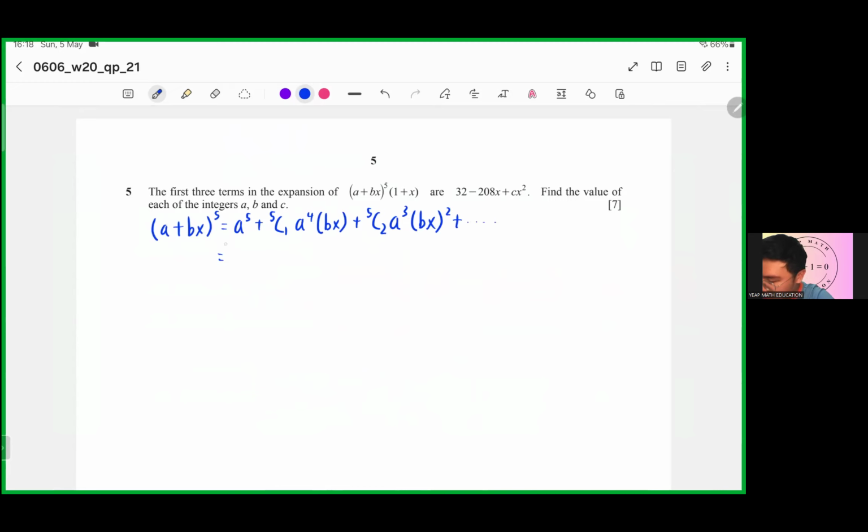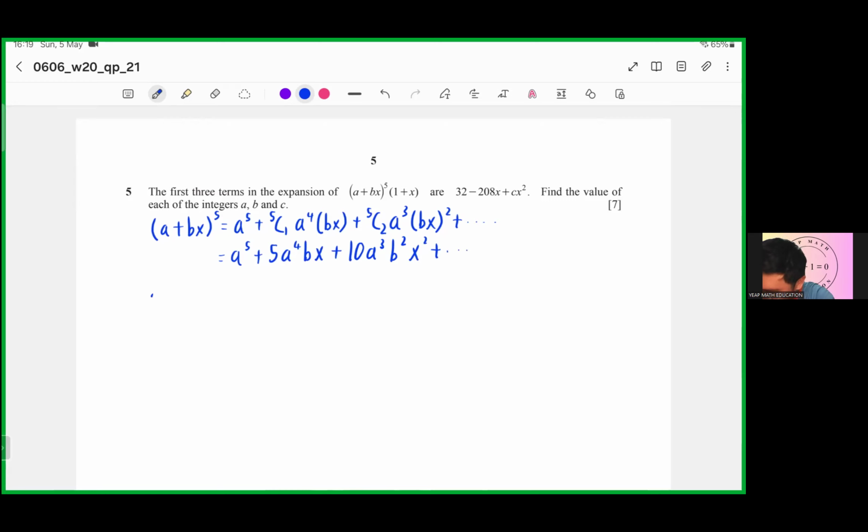So we can get 5a to the 4 bx plus 10a to the power of 3 b squared x squared. We just take this part, and multiply it by x plus 1.